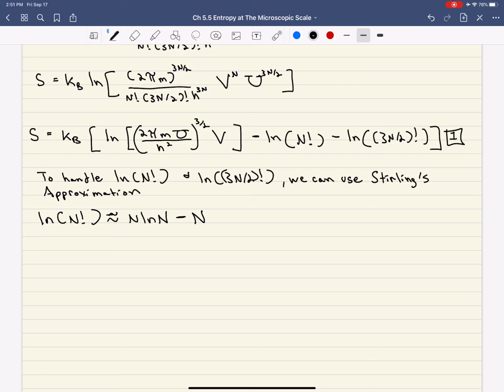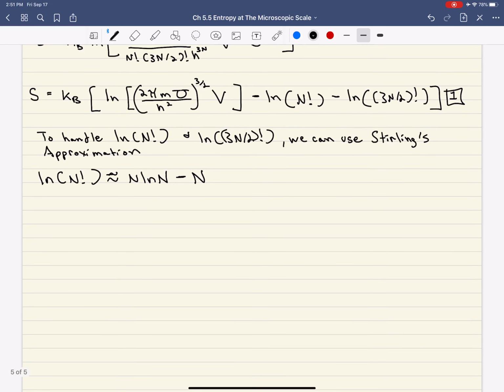With that identity in hand, we can go back to equation 1 and simplify it.